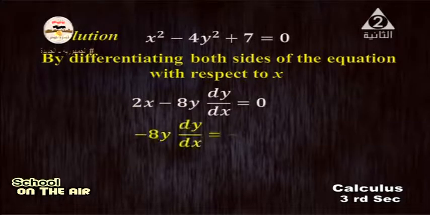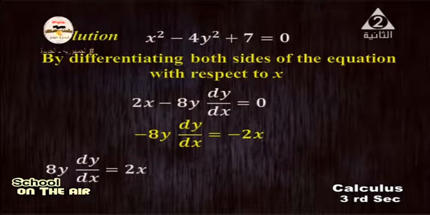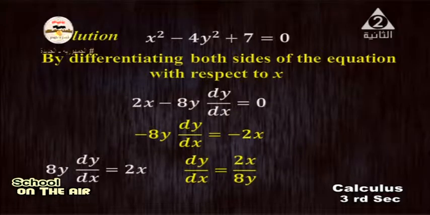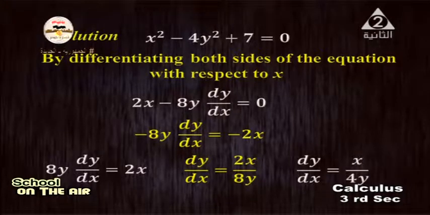Now, negative 8y dy dx equals negative 2x. Then dy dx equals 2x over 8y, and in the simplest form dy dx equals x over 4y.